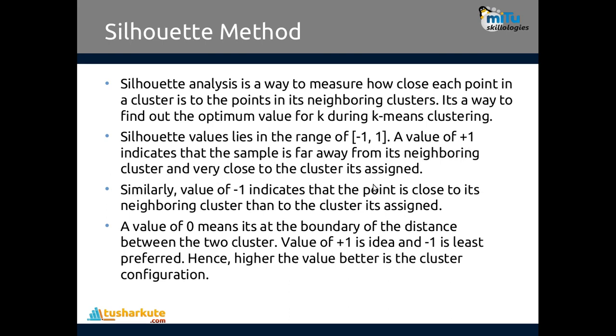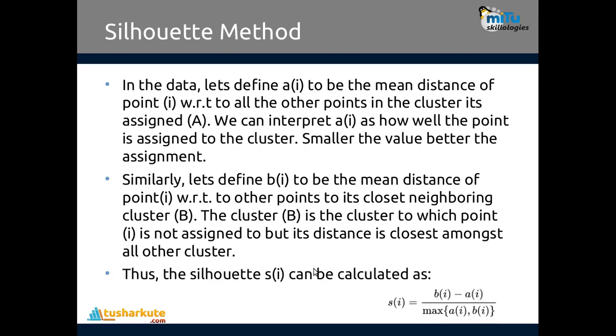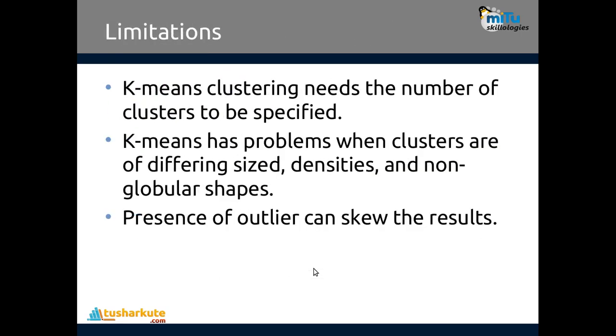Similarly, a negative value, that is -1, indicates the point is closer to its neighboring cluster than the cluster it is assigned. And the value 0 means it is on the boundary of distance between two clusters. The value of +1 is ideal and -1 is the least preferred, hence the higher value means a better cluster configuration.